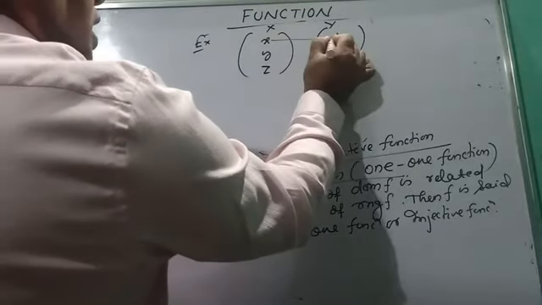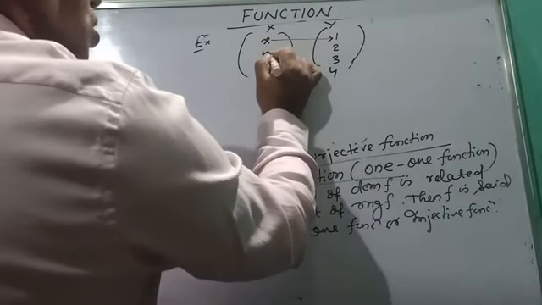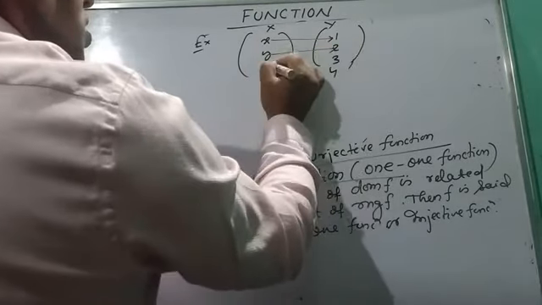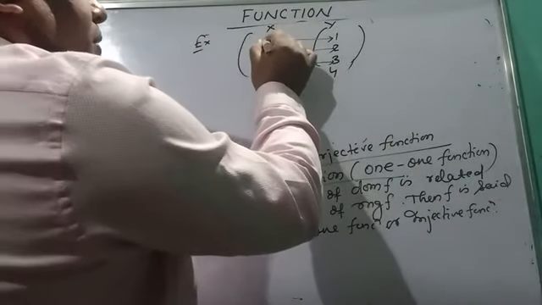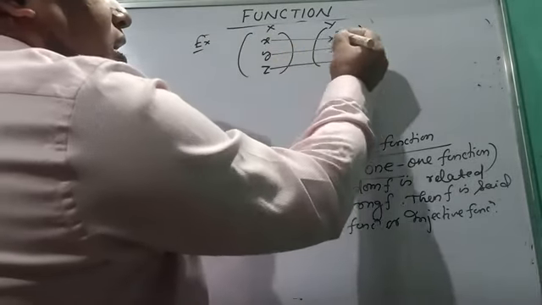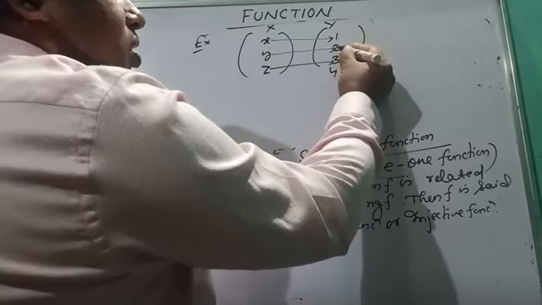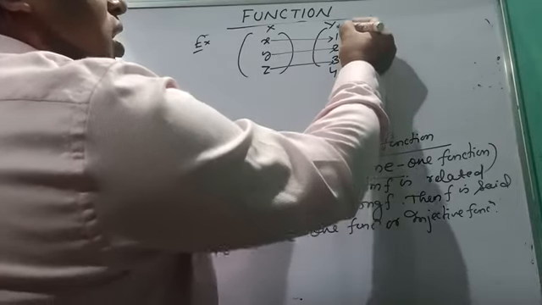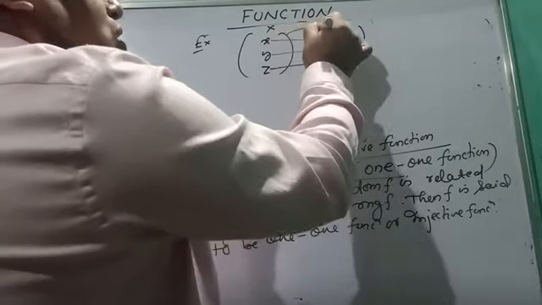Then x is related with 1, y is related with 2 and z is related with 3. Now in the domain of f, x, y, z are related with one element 1, 2, 3 respectively in the set Y.